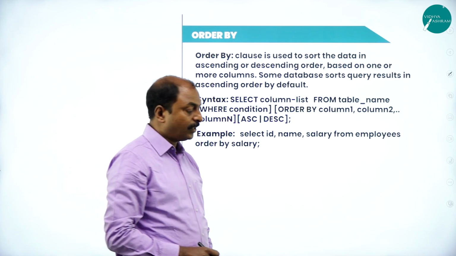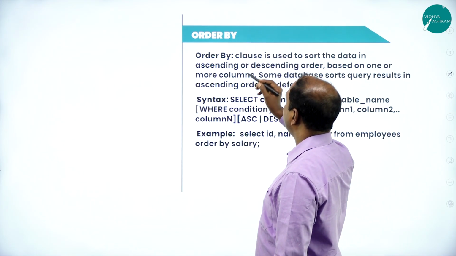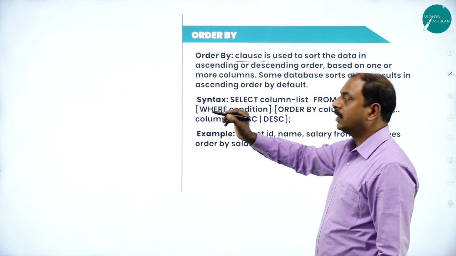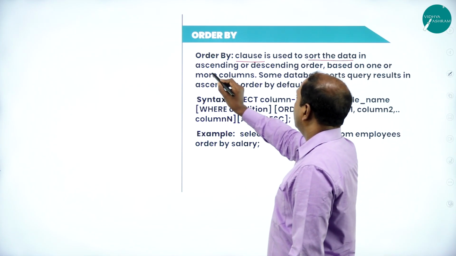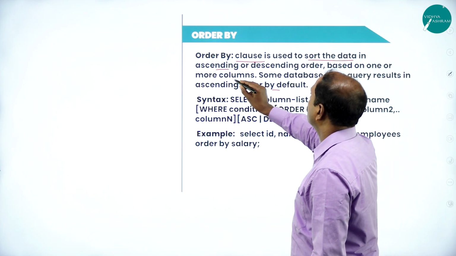Next slide is of the command ORDER BY. So what is order by? It is once again a clause. The ORDER BY clause is used to sort the data in ascending or descending order based on one or more columns.